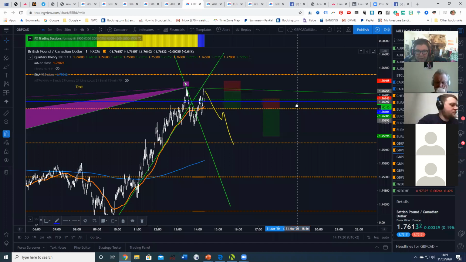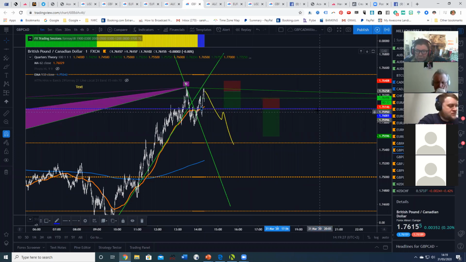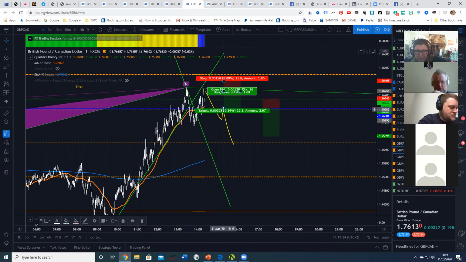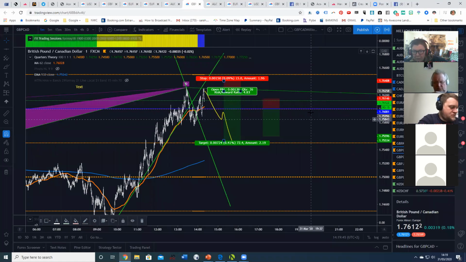So keep pulling it down, and then once you've bagged your 20 pips, on the break and the retest of this quarter theory, for example, don't bag the pips, leave this trade running if you're stacking in, because you're now risk-free. You're pulling your stop loss down, you're in stop profit. You enter a second trade on that quarter theory after the break and the retest.